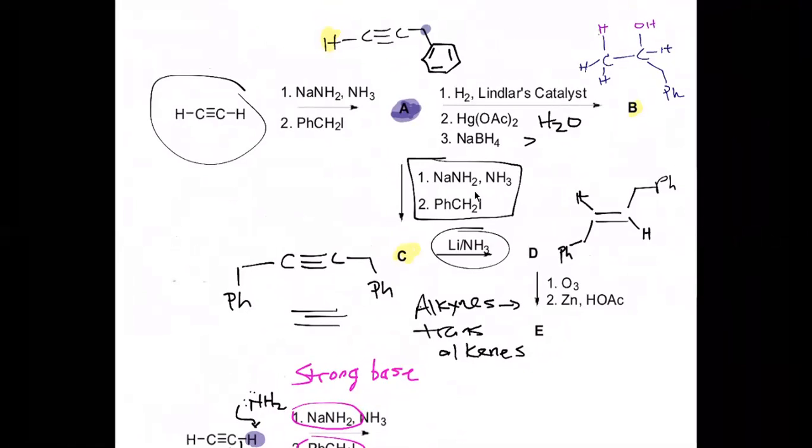What about E? So this is D. Everybody agree that this is, let me change the color on that, that this is D right here. This is the product for D. All right, D is done. Everybody agree with that? Yes.